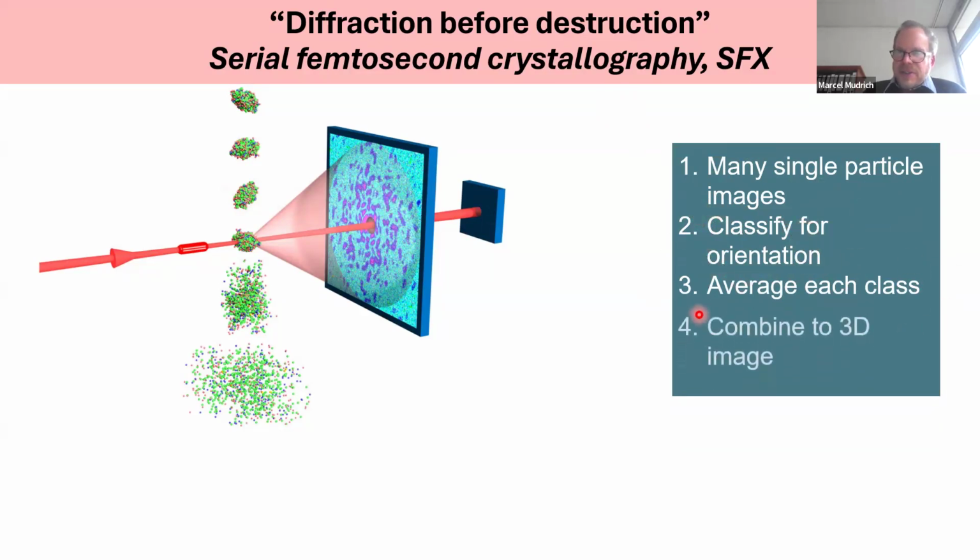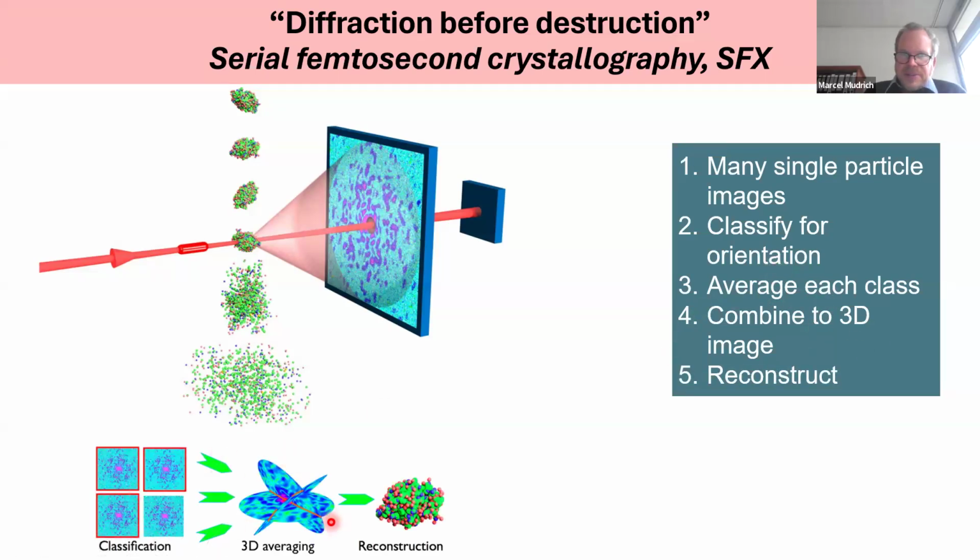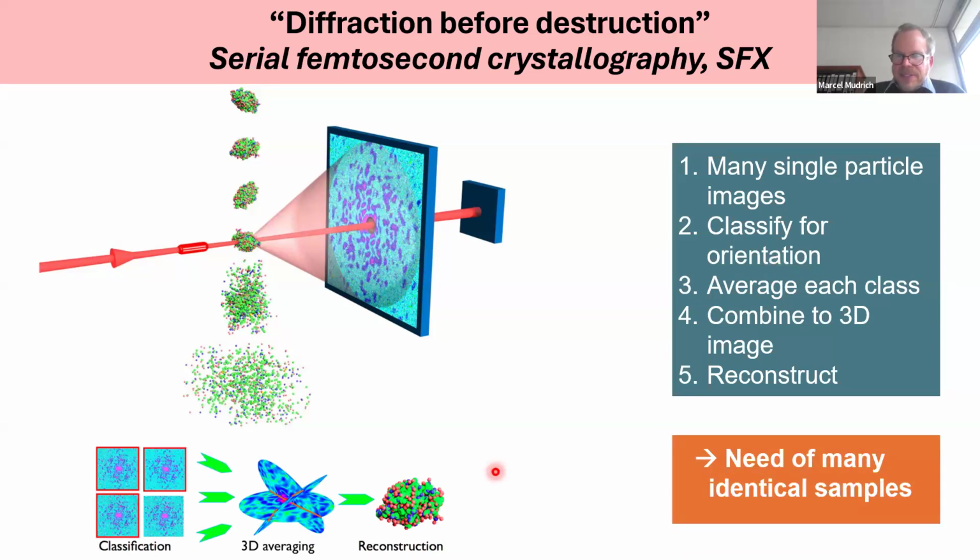Then one can average over one class for one specific orientation and combine all this information for the different orientations and in this way reconstruct the full three-dimensional structure. But this needs many identical samples and many diffraction images. So that's probably the most important new trend now in these free electron laser based diffraction imaging experiments that take advantage of the high repetition rate of the modern XFELs.